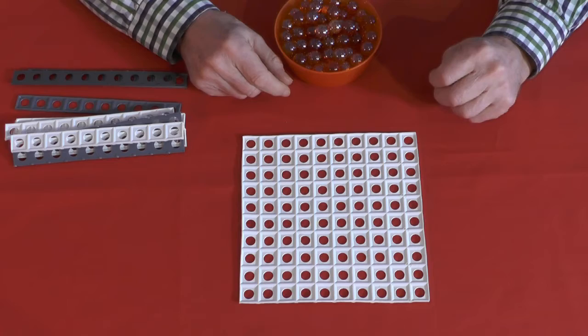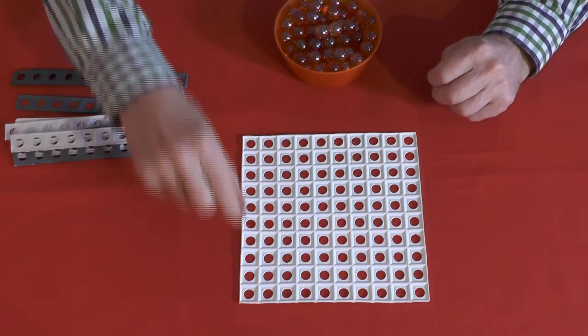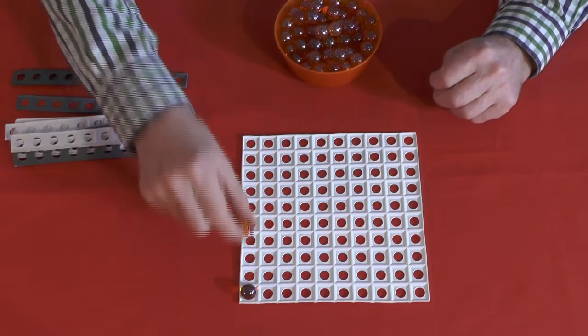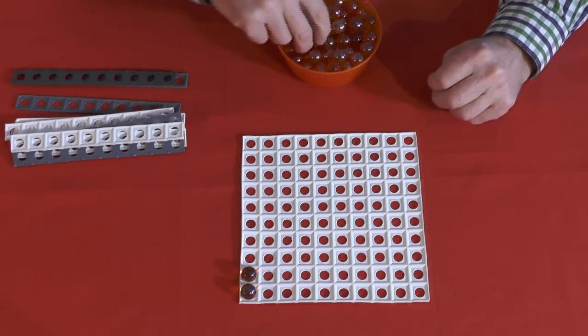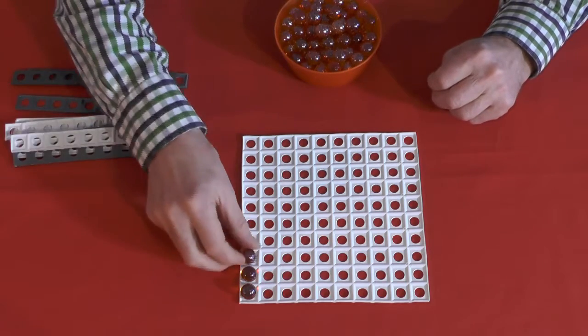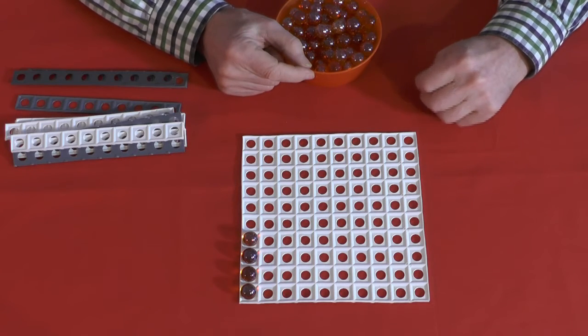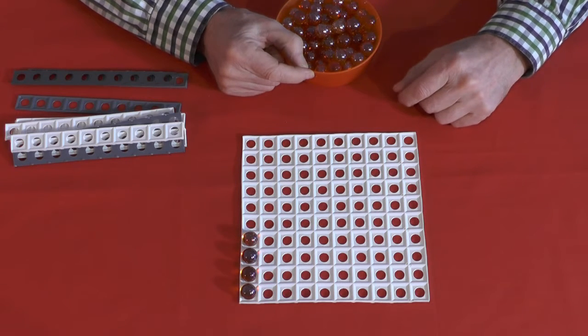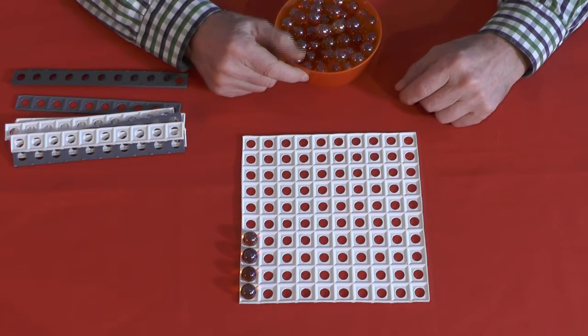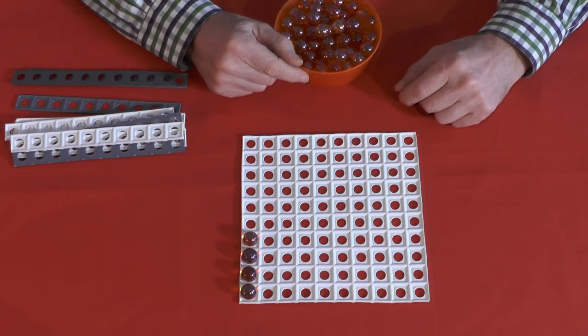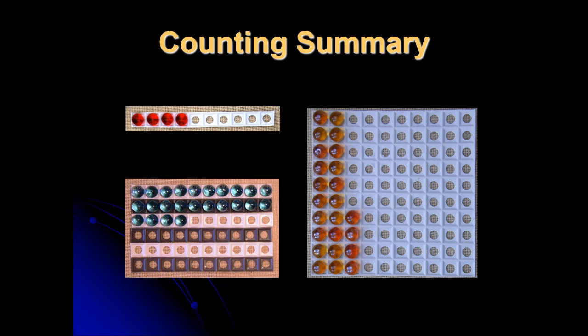Start in any corner. 0, 1, 2, and carry on in this row. 3, 4, and so on as far as the children want to count. And then counting down as well, back to 0. And here's a summary of what I've just covered.